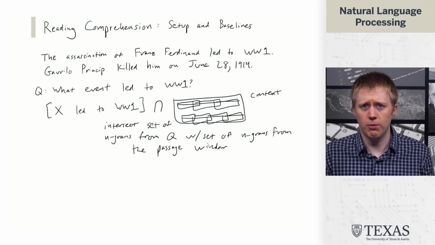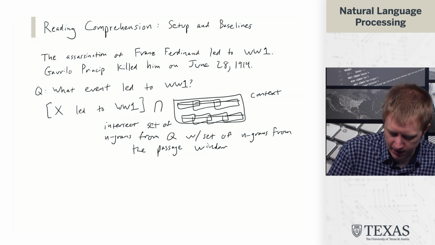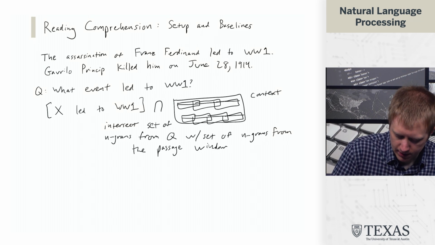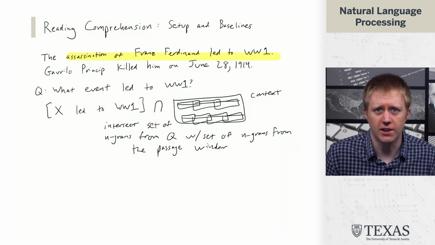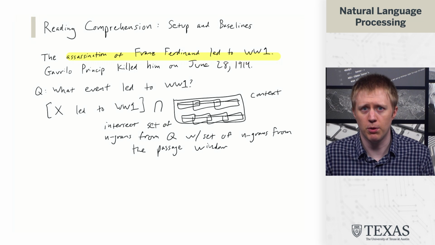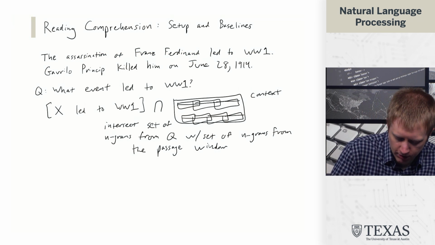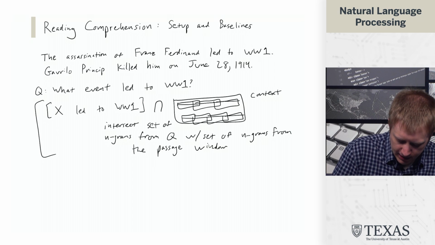Essentially, we need to find something related to "led to World War I," and if we're lucky enough to grab this up here as our window, then we'll see, great, we have this nice overlap between "X led to World War I" and "the assassination of Franz Ferdinand led to World War I." And so "assassination of Franz Ferdinand" seems likely to be the answer. We'll call this the sliding window method.